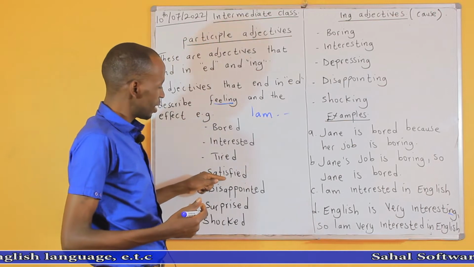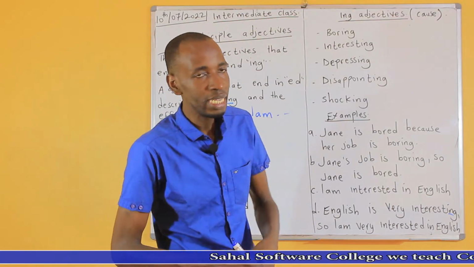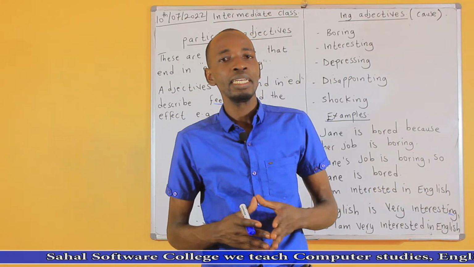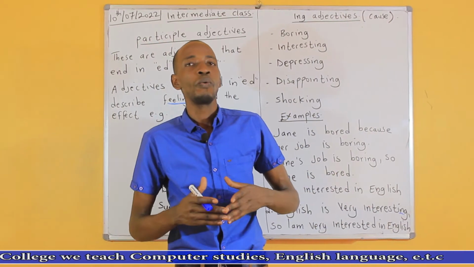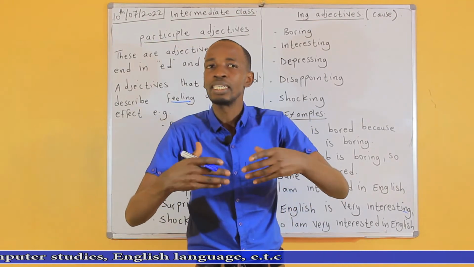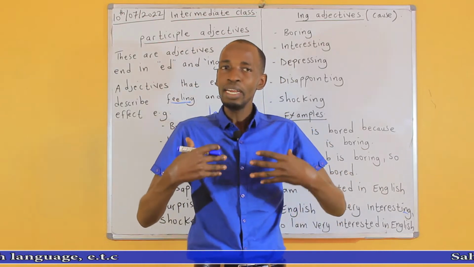And when you are satisfied, then you will describe me and you say, Teacher Laban is satisfying. Because we are satisfied, you students, that's why you describe me and you say, Teacher Laban is satisfying.